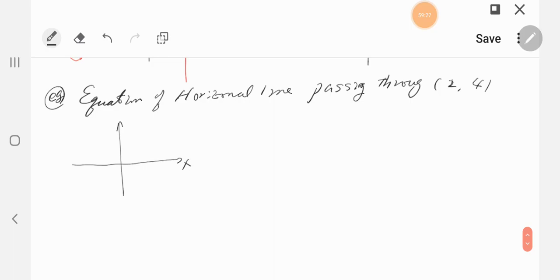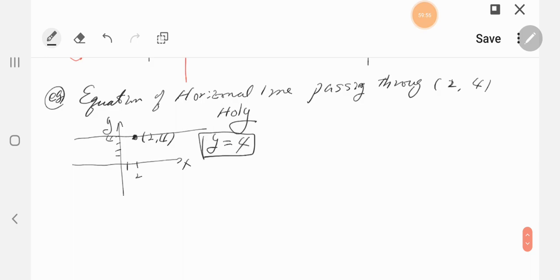So (2, 4) is this: x equals 2, y equals 4. This is the point (2, 4). Draw the horizontal line passing through this point. For a horizontal line, y is equal to the y value. What's the y value of this point? 4. So y equals 4 is the equation of the horizontal line passing through (2, 4).